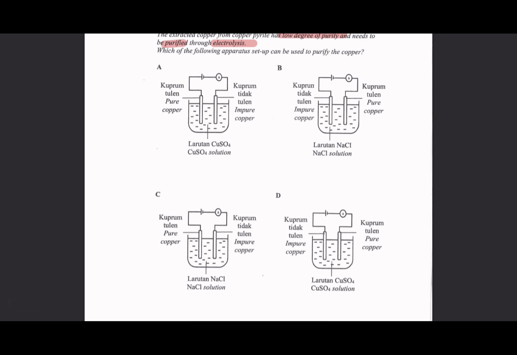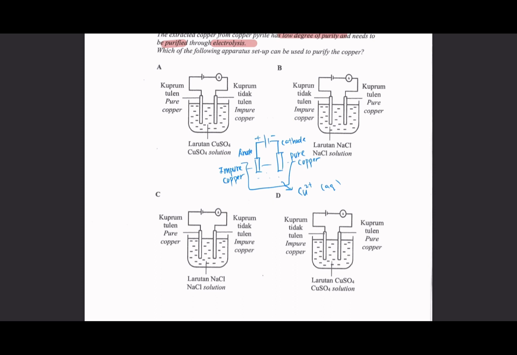For the purification, we draw the positive and negative. The anode we should connect to the impure copper, and the cathode we connect to pure copper, and the electrolyte must consist of copper ions. So we go through the answers to see which one is correct.